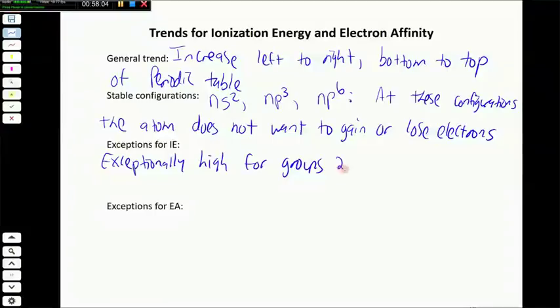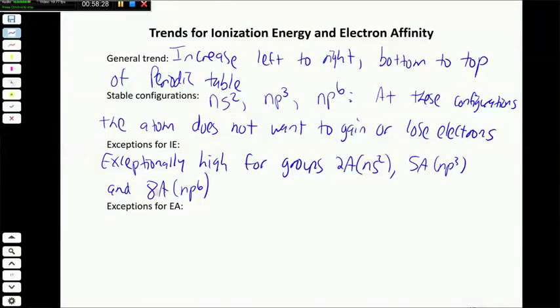So groups 2A, which have the ns2 configuration, groups 5A, which have the np3 configuration, and group 8A, which is the noble gas, these have exceptionally high ionization energies because these don't want to lose any electrons. That means you have to put a lot more energy into the atom to be able to pluck off that electron. So they're exceptionally high in those columns.